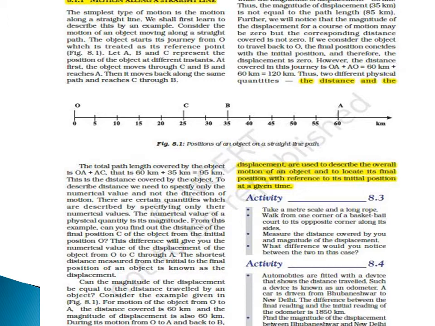Because first you have gone from home to school, that is a certain distance, suppose 50 km, and again when you come back from school to home, then it is minus 50. So the total displacement is 0. But the distance will be 50 plus 50 equal to 100, because distance doesn't consider any direction.